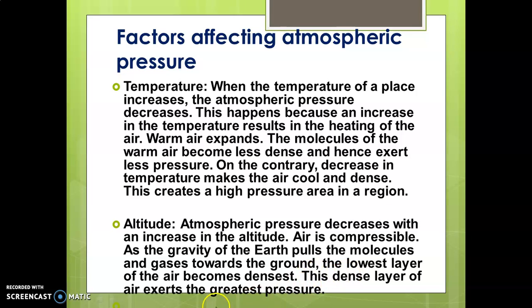This dense layer of air exerts the greatest pressure, and if we go upward, the gravitational force will be weaker. As a result, atmospheric pressure will be less. There will be low atmospheric pressure.